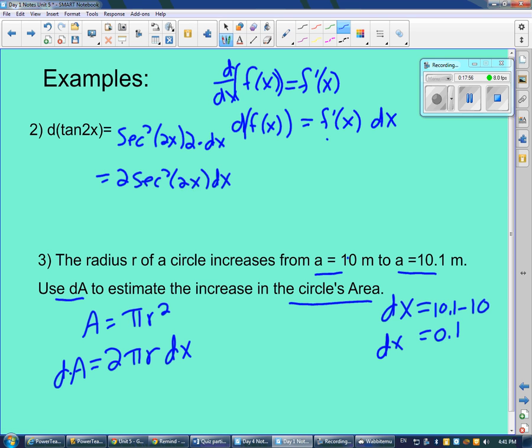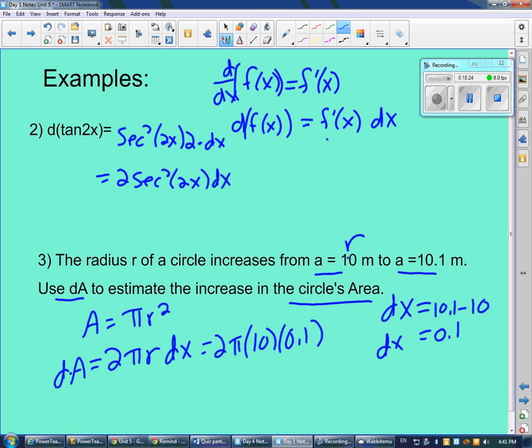So they said the radius of a circle increases from 10 to 10.1. We're going to use our original r, which is 10, in order to estimate the area. So we're going to just do 2 pi, my radius, which is 10, and then my 0.1 for my dx.